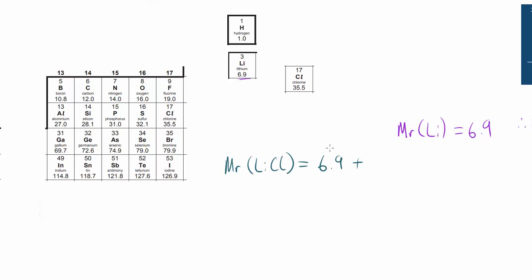We could write 6.9 times 1, but it's times 1, so I'm not going to write it. If you work that out, you should get the molar mass of lithium chloride, 42.4 grams per mole.